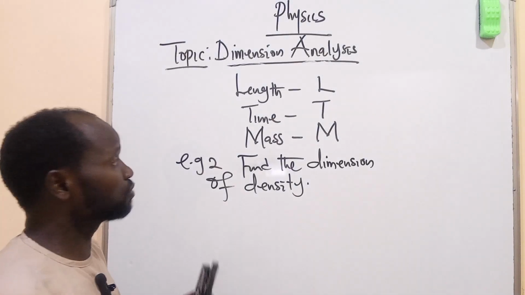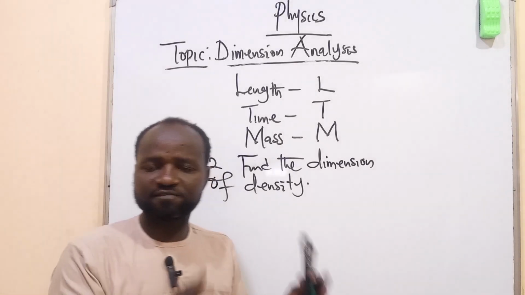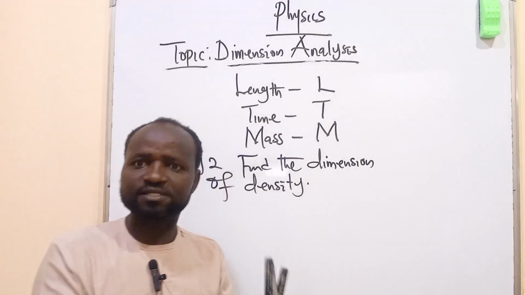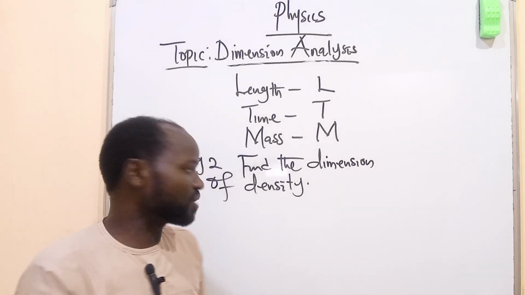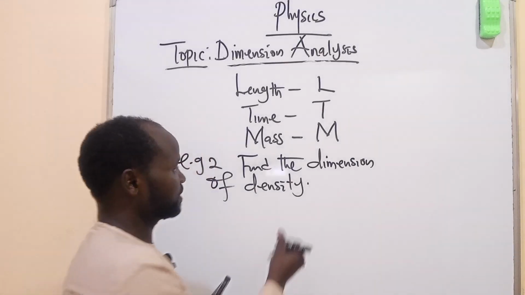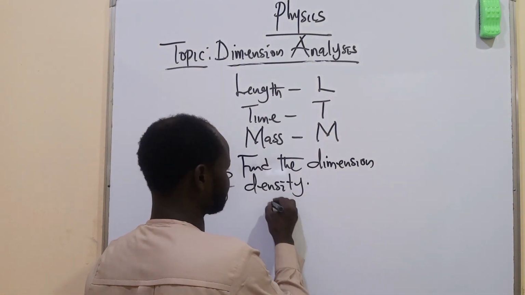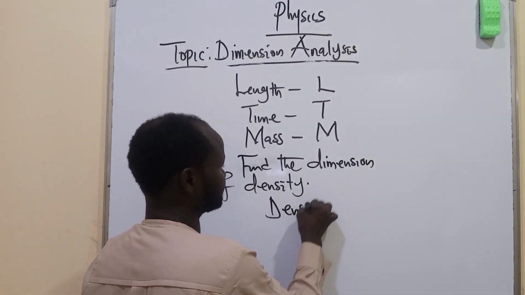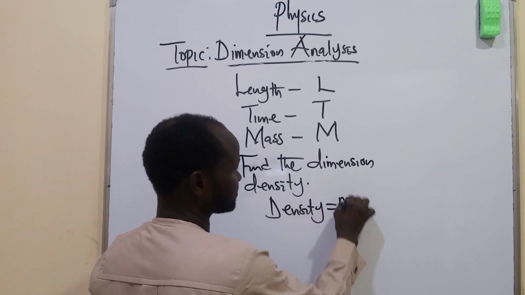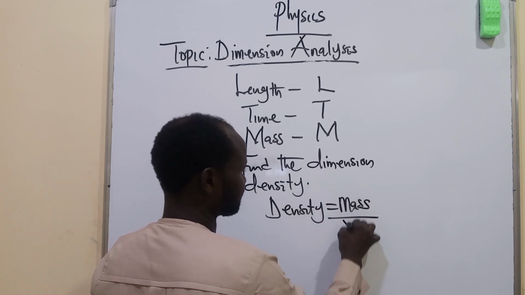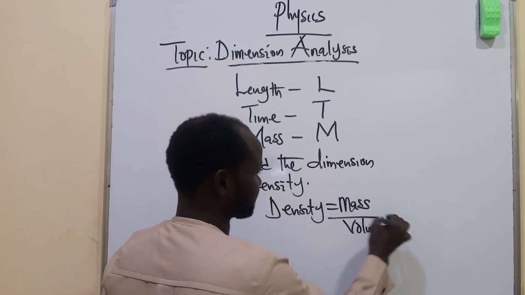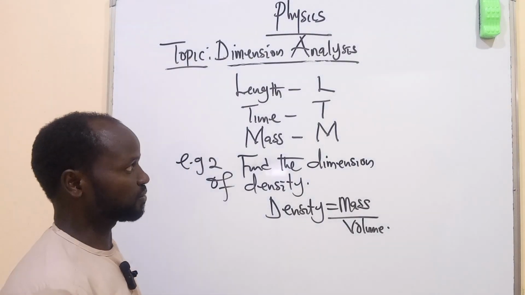Very important. You have to know all the formulas as far as the fundamental and the derived quantities are concerned. Like density is mass over what? Let's write it here. Density is mass divided by volume.